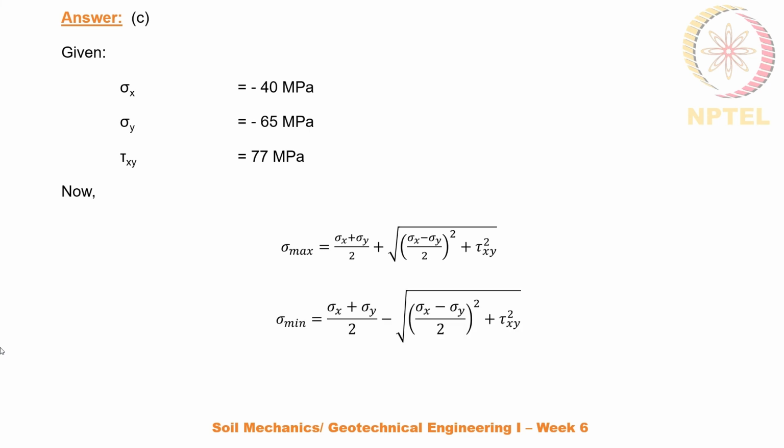Sigma minimum is equal to sigma x plus sigma y by 2 minus square root of sigma x minus sigma y by 2 the whole square plus tau xy square. And tan 2 theta p is equal to minus 2 tau xy by sigma x minus sigma y. So these are the three values that we need to determine: sigma max, sigma min, and theta p.